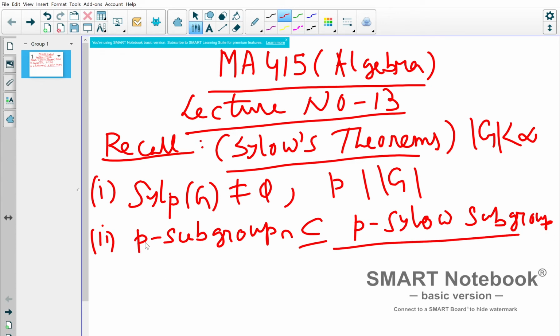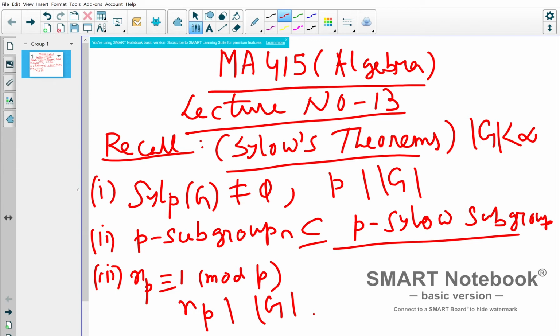Because when you choose a P Sylow subgroup and that is also a subgroup of a P Sylow subgroup, because of maximality they have to be the same. And number three counts the number of P Sylow subgroups. That number N_P is congruent to 1 mod P, and also N_P divides the order of the group G.